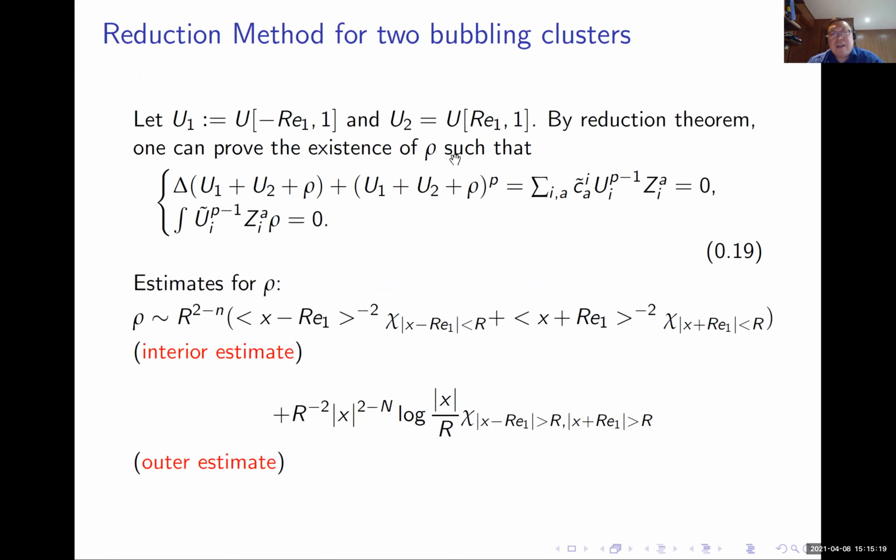Now in the two bubble case, if we have a bubble cluster, which is two bubbles that are far away, we can use this type of norm to compute the inner estimate. We use this type of norm to compute the outer estimate.